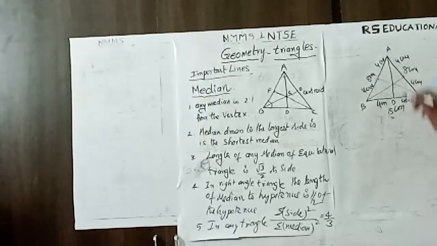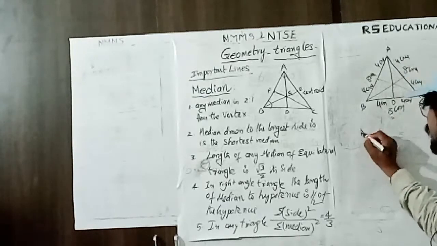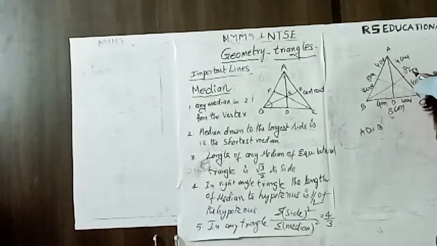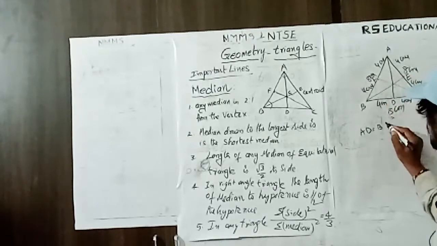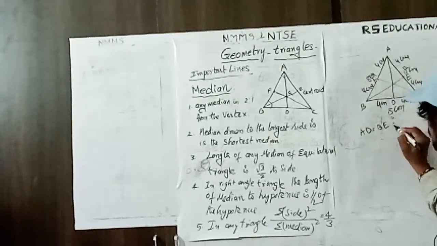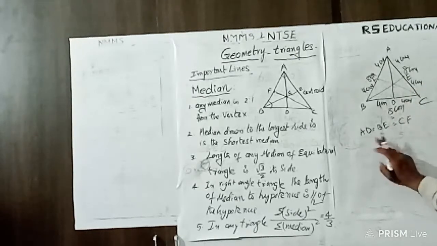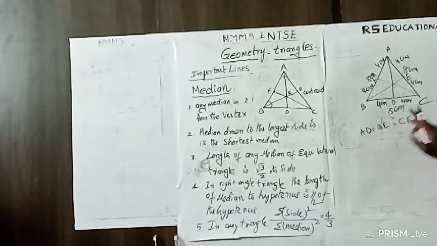So the length of the median of an equilateral triangle, AD, BE, CF, the length of any median of an equilateral triangle, AD or BE or CF, is always the same, that is root 3 by 2 into its side.